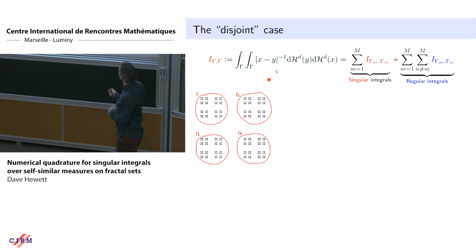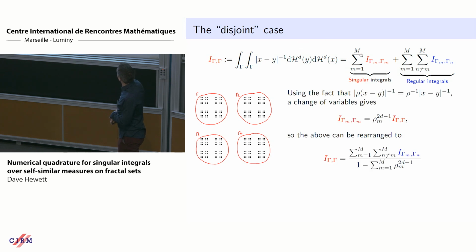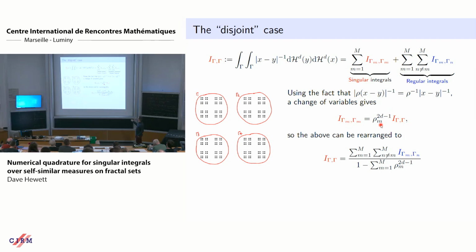I'd like to deal with these bad ones, and I can do that, in very simple terms, using this homogeneity and making a change of variable. It's not so hard to see that the integral over gamma 1 with itself can be written in terms of the integral over the whole set against itself. So I can write this integral as proportional to the original integral over the whole set.